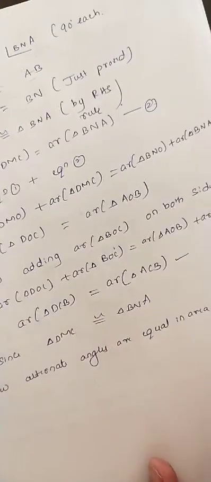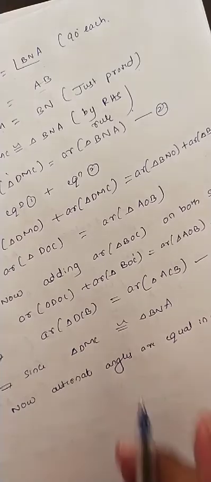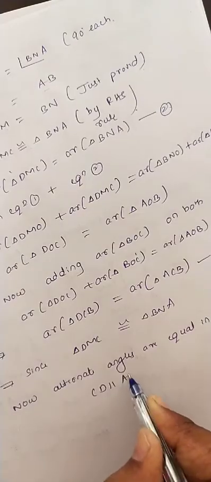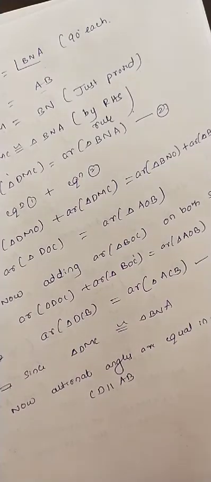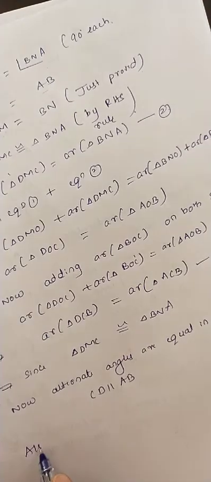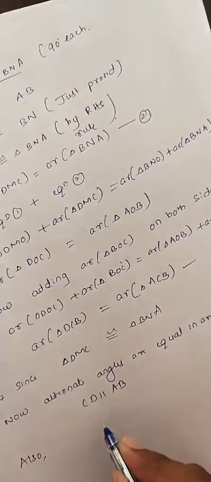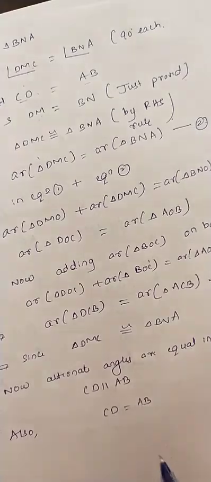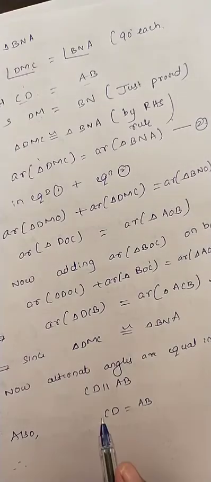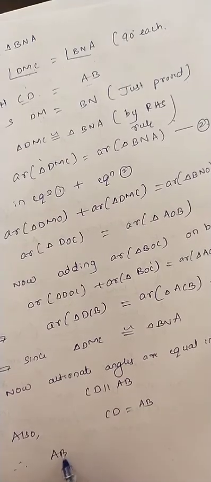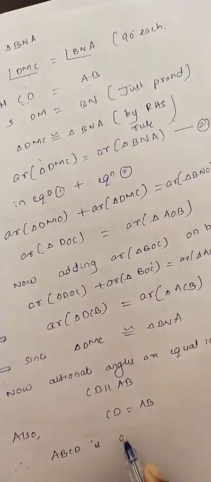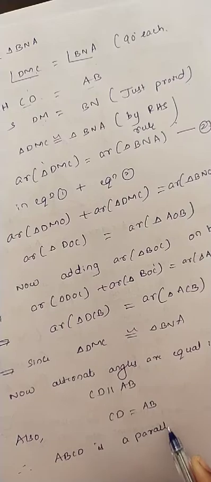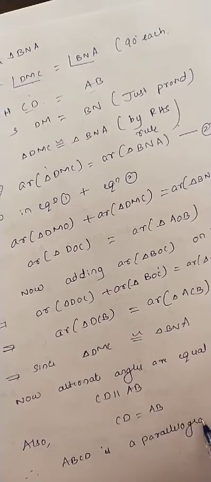Equal in area means we can say that CD is parallel to AB. Also, CD is parallel to AB means CD is equal to AB, and therefore we can say that ABCD is a parallelogram.